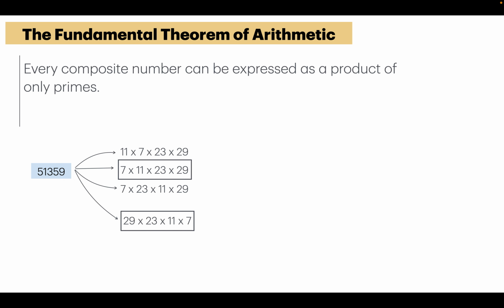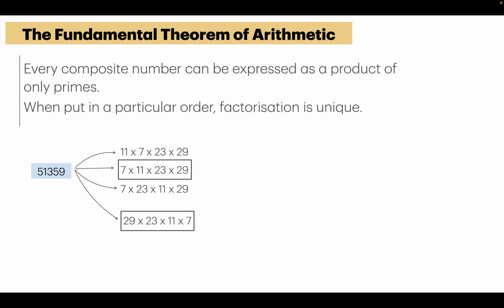If you take a random order, then you can have as many combinations as the factors we have. But once you arrange them in an order, then you have only one way to express them. That means when put in a particular order, the factorization is going to be unique. That's what the fundamental theorem of arithmetic is.